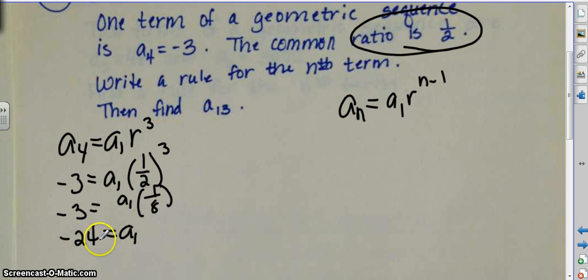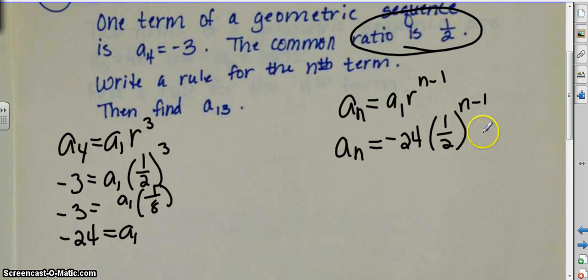Now I can take the negative 24 and put it over here in my a sub 1, so I can find my formula for a sub n. A sub n is equal to negative 24 times my ratio, 1/2, raised to the n minus 1. And I can simplify this a bit again by using my laws of exponents.